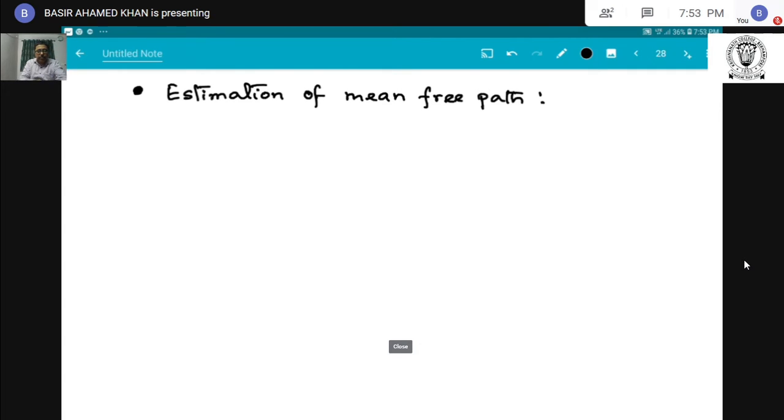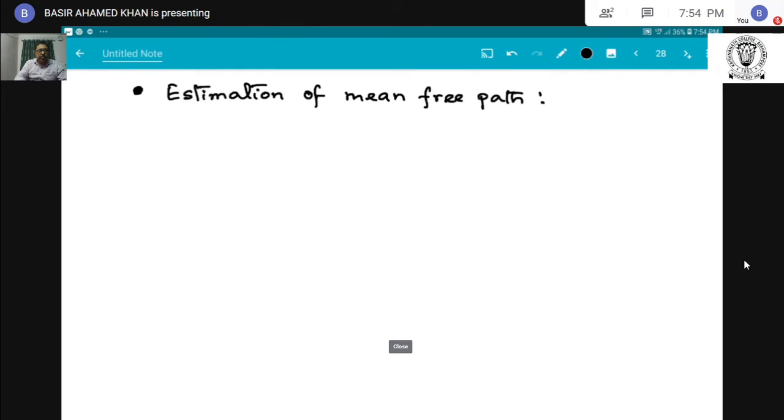Here suppose that only one molecule of a gas is moving with average velocity c bar.